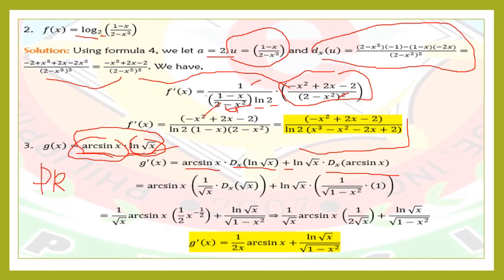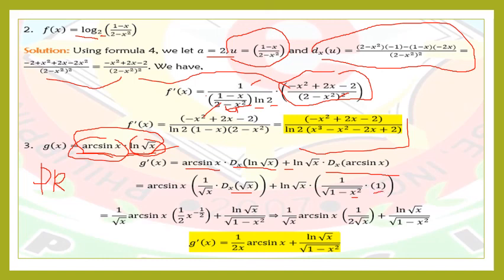So, arc sine x, bring down lang natin. Ang derivative ni ln of the square root of x is 1 over the square root of x times derivative ni square root of x. Okay, plus, bring down si ln of the square root of x, times yung derivative ni arc sine x is 1 over the square root of 1 minus x squared, times yung derivative ni x na 1.